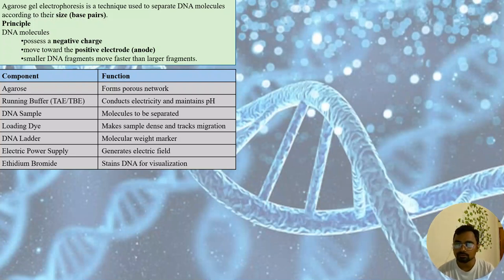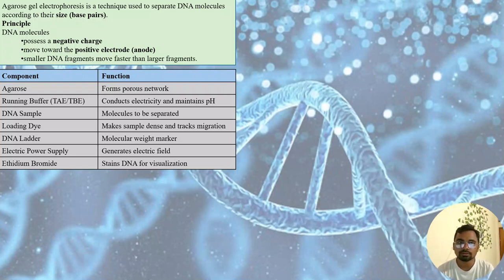And the DNA ladder is one type of marker that lets us easily analyze whether we got the correct DNA, and what the length and mass of our DNA are.